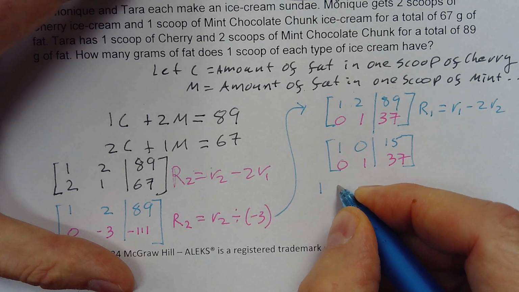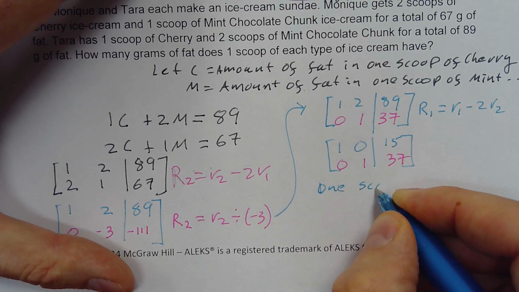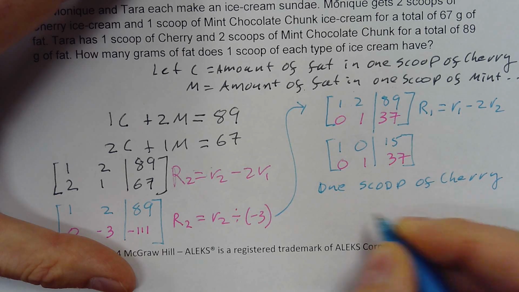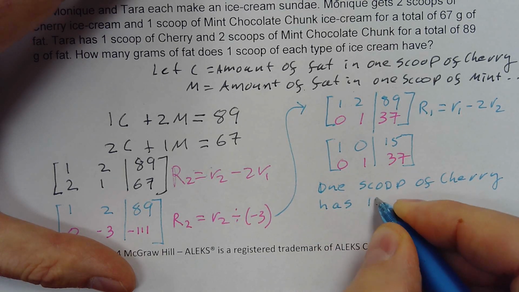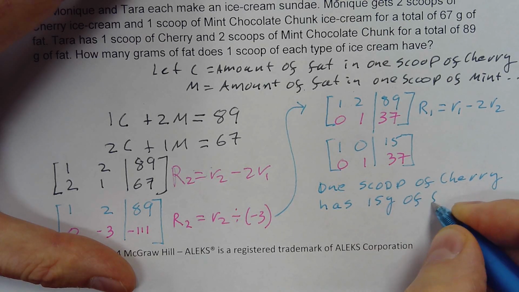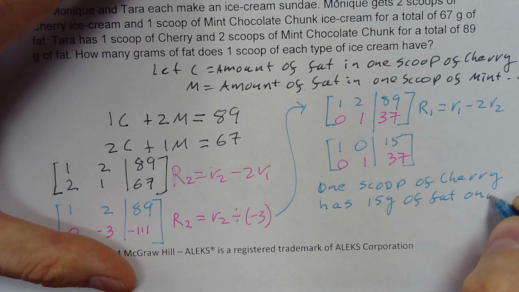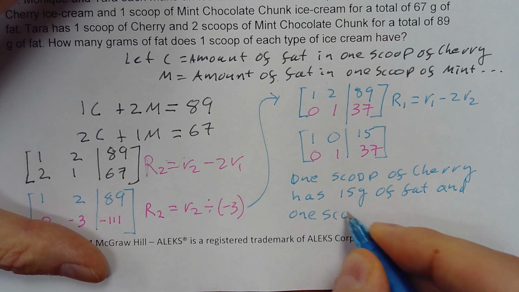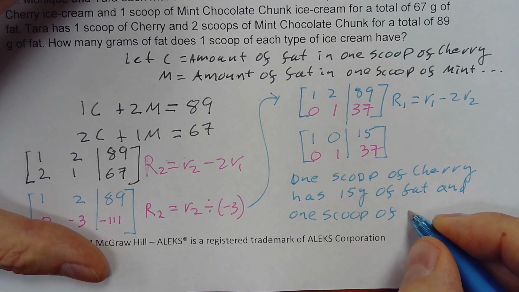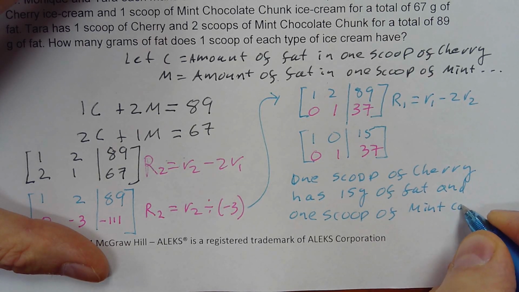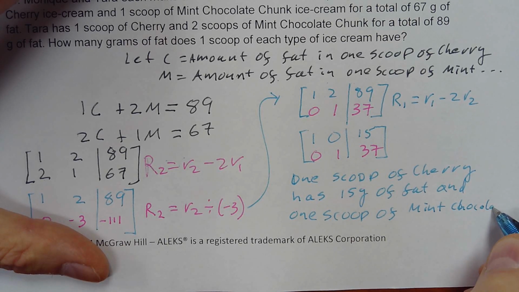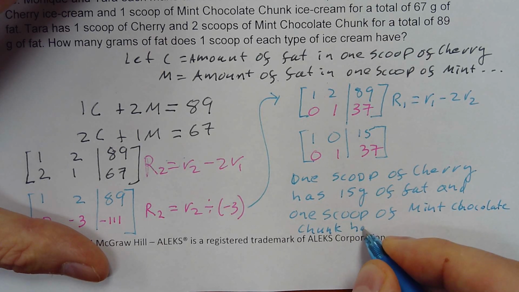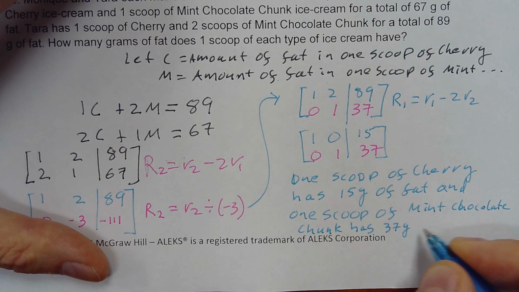So 1 scoop of cherry has 15 grams of fat and 1 scoop of the mint chocolate chunk has 37 grams of fat.